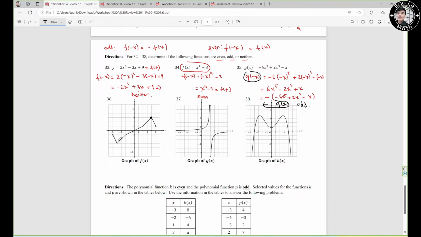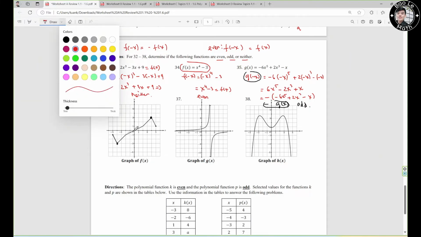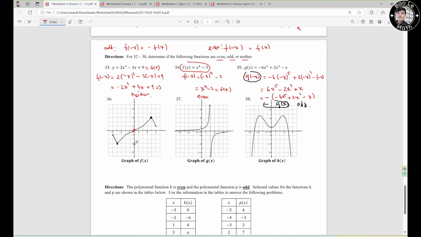Because we have the opposite point right here, negative 4 and negative 3, the function is symmetric about the origin, so the function is odd. We look at number 37 right here. The function is not symmetric about the origin or the y-axis, so this is neither.